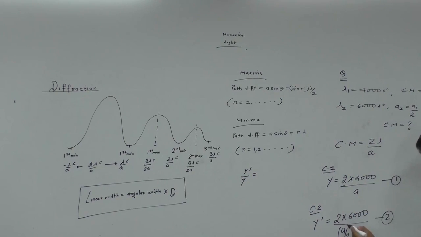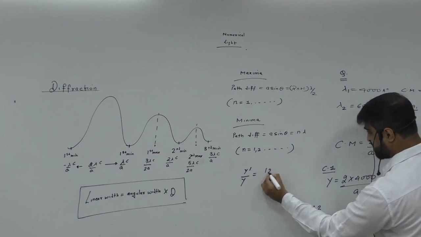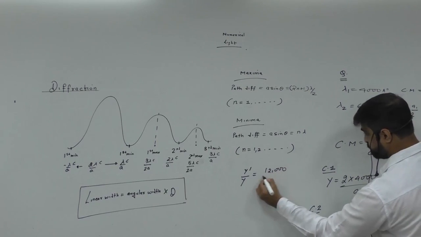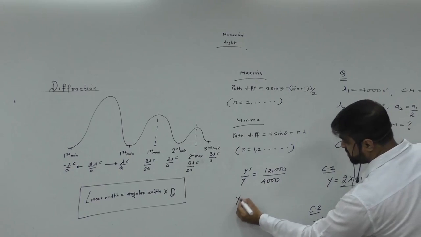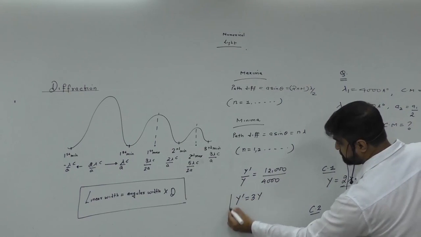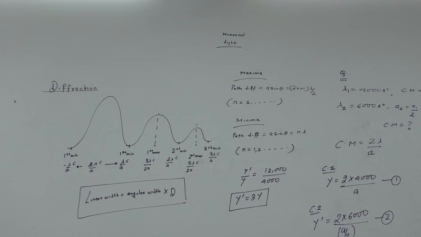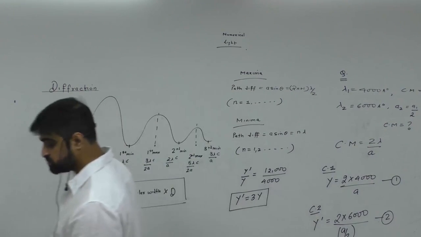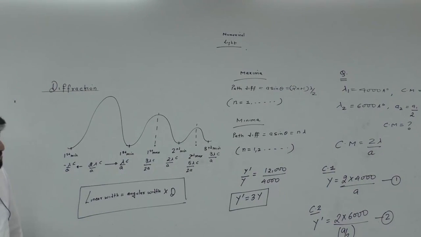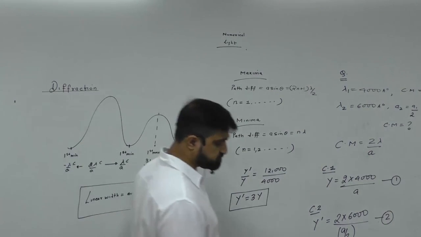These will cancel, a and a cancel. So 2 and 2 cancel, and what is this? 12,000 by 4,000. So y dash will become 3y. The width of the central maxima has become thrice the initial value. Got it? All of this should be in your mind. Understand?